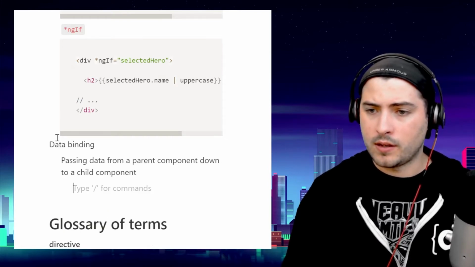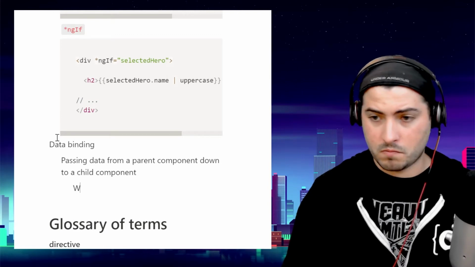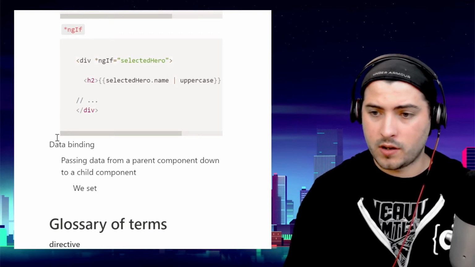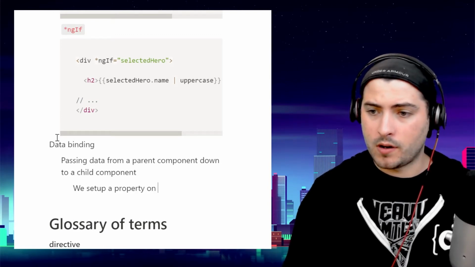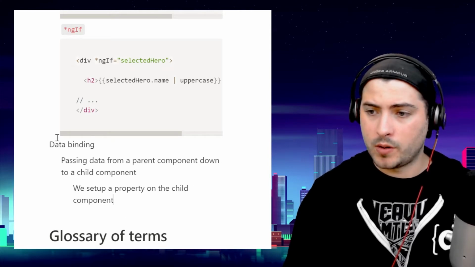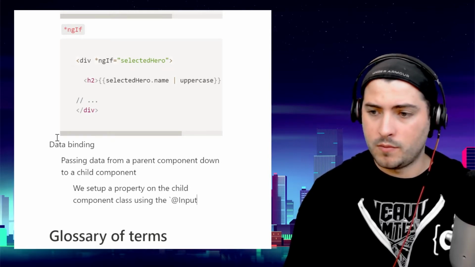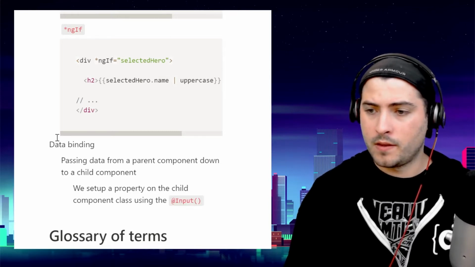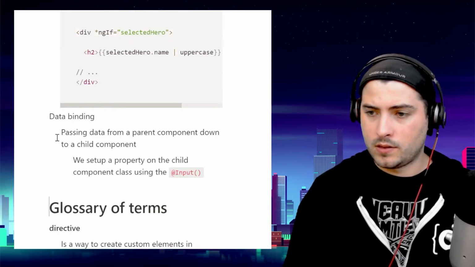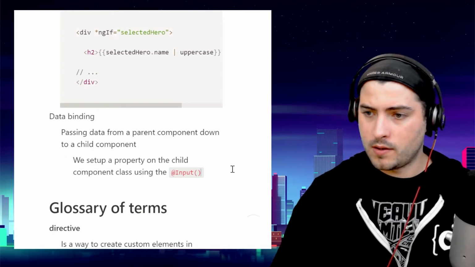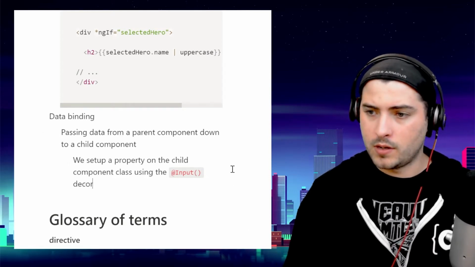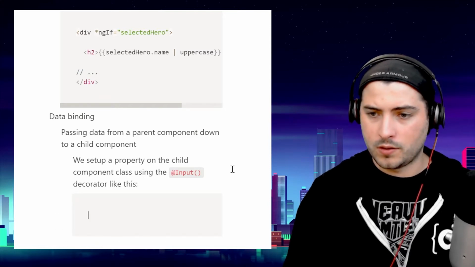So yeah, we set up a property on the child component class using the input decorator, like this. We can do a little example quick here.